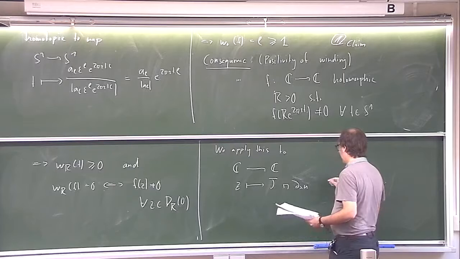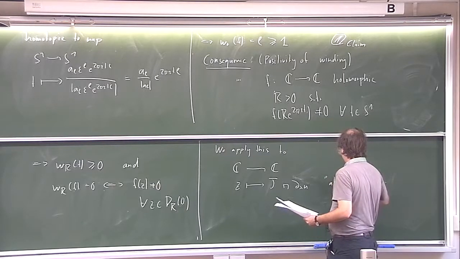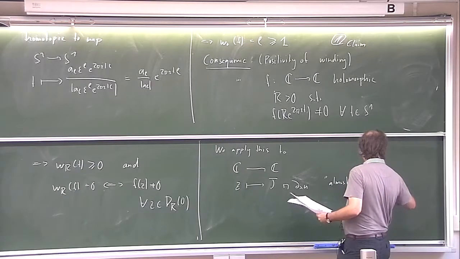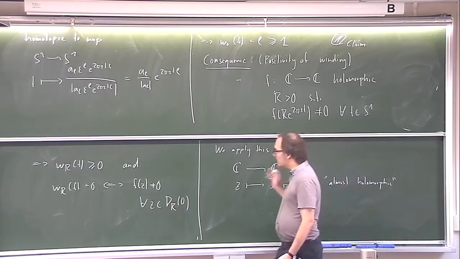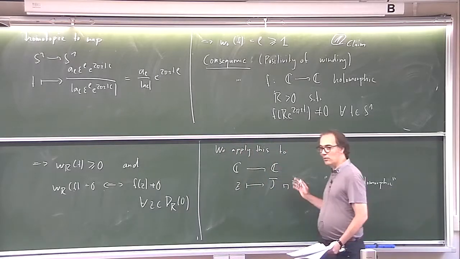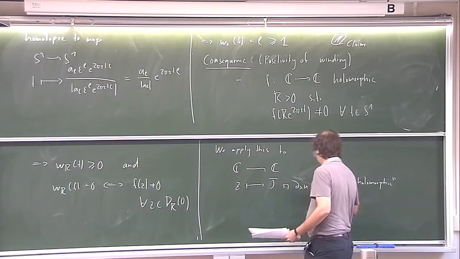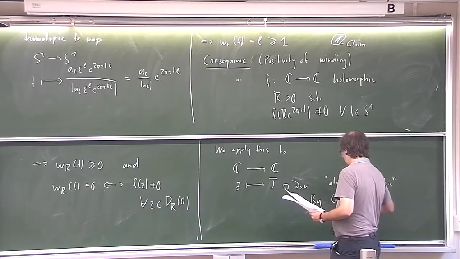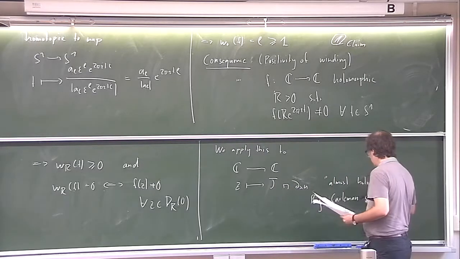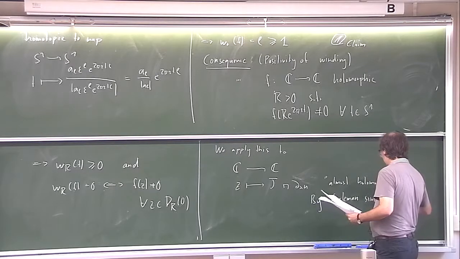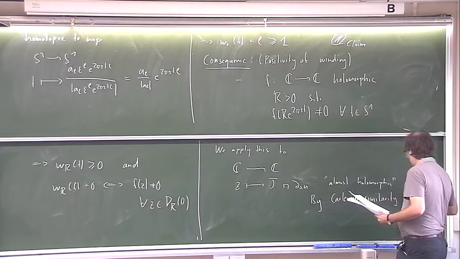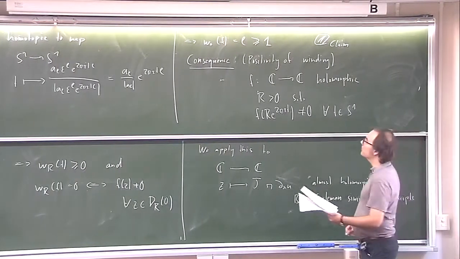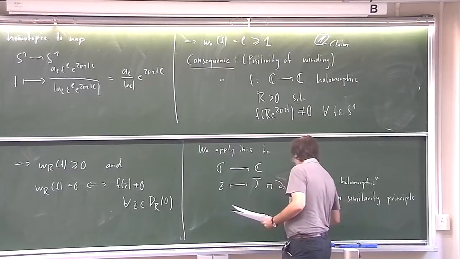This is almost holomorphic, and so by this Carleman similarity principle, you can think of it as a holomorphic map. So by the Carleman similarity principle, this positivity of winding holds.